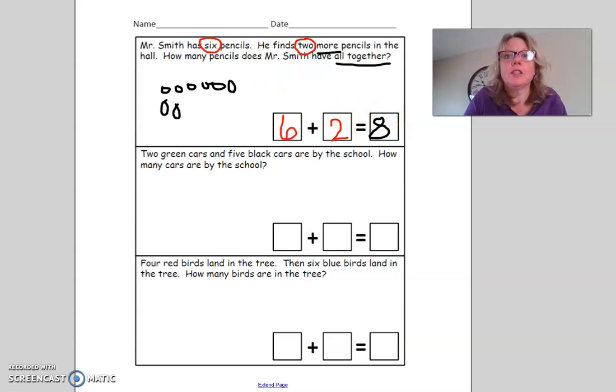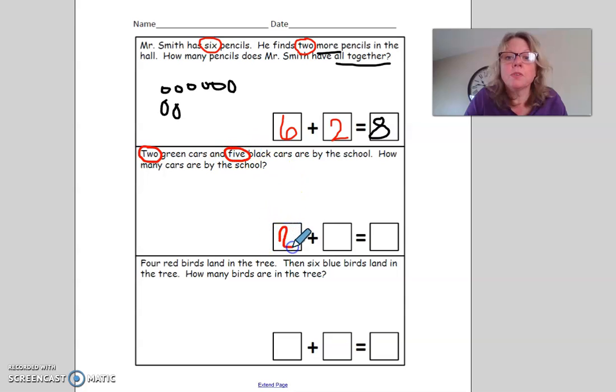All right, let's take a look at our next one. It says 2 green cars and 5 black cars are by the school. How many cars are by the school? So remember, we want to circle those number words, 2 and 5.